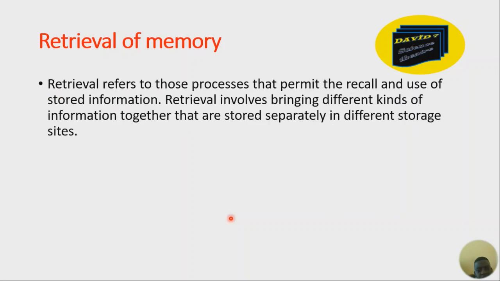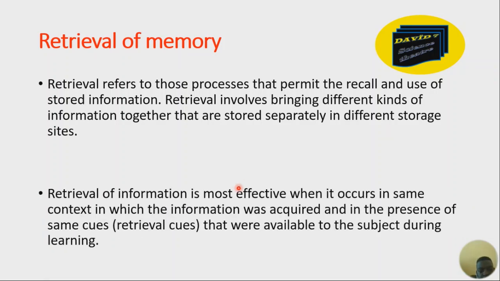How is memory retrieved? Look at this. Retrieval of memory refers to the processes that permit the recall and use of stored information. Retrieval involves bringing together different kinds of information that are stored separately in different storage sites of the cortex. Retrieval is most effective if it occurs in the same context in which the information was acquired and in the presence of the same retrieval cues that were available to the subject during learning.